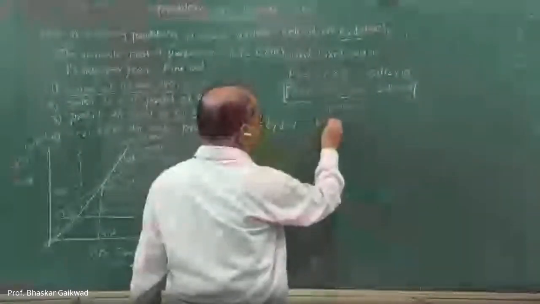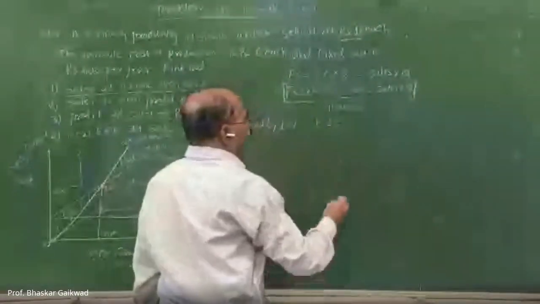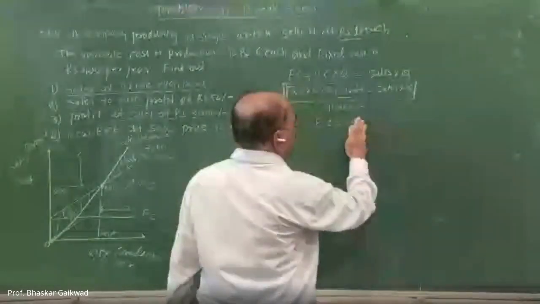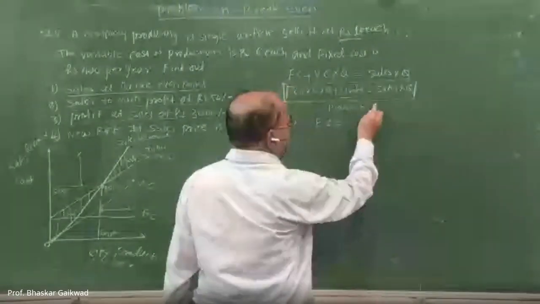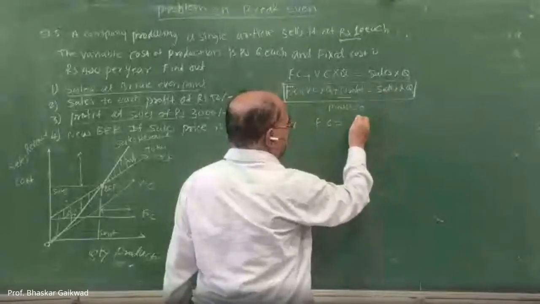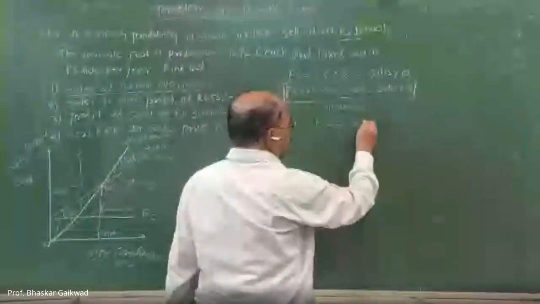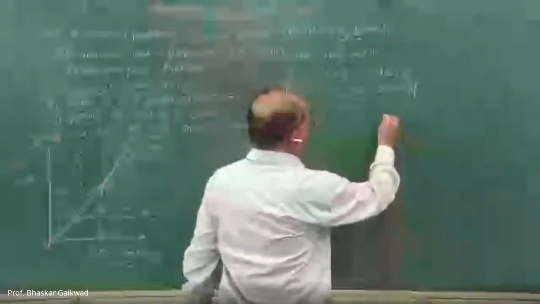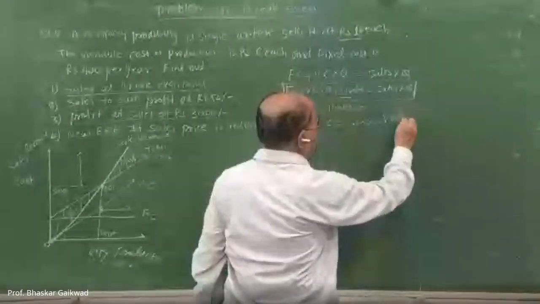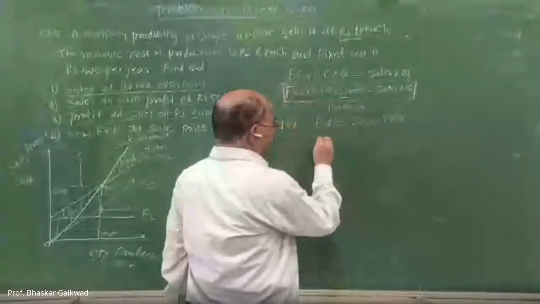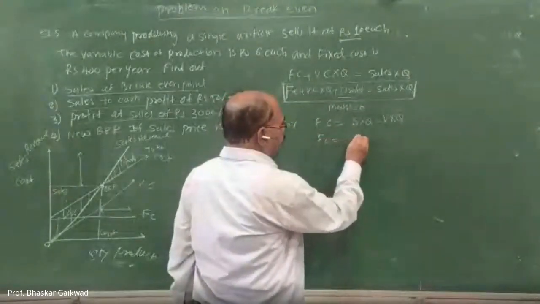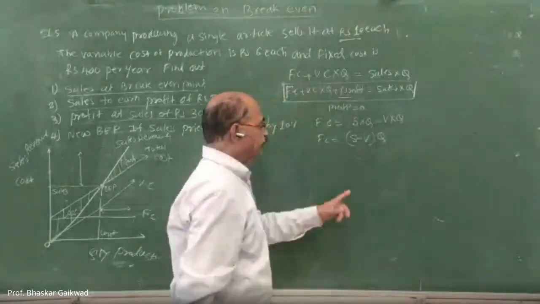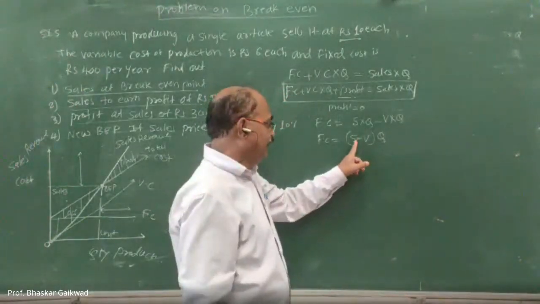So FC is equal to sales S into Q minus V into Q. So FC is equal to (S minus V) into Q.